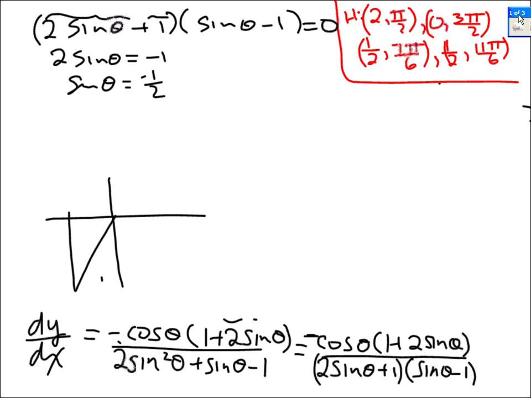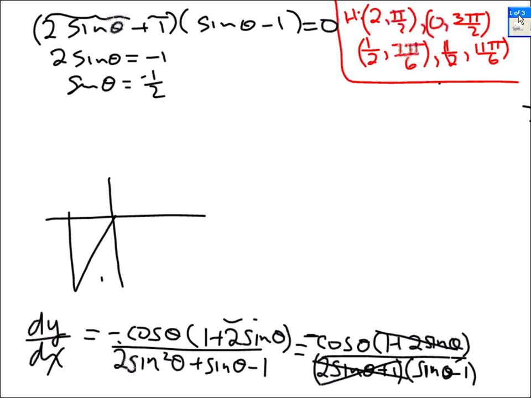No, I didn't see that from the get-go. Sorry, I thought it was slightly different. But you know what? These were exactly the same. Excuse me, I didn't mean to cross off sine theta minus 1. Those were exactly the same. So I didn't even need to do some of those angles.